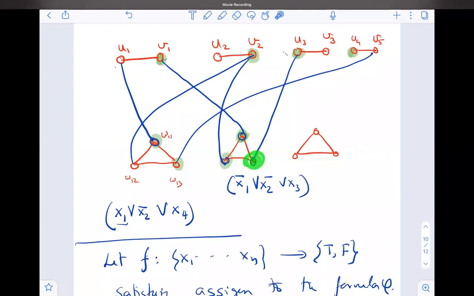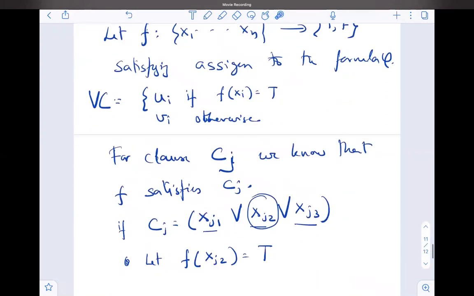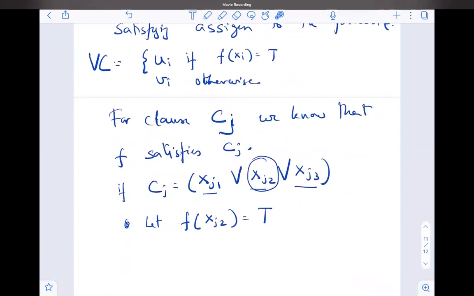This particular variable or vertex is the good vertex. Done. In that case, you put the other two, which are xj1 and xj3, in the vertex cover. Okay. Is this clear now?